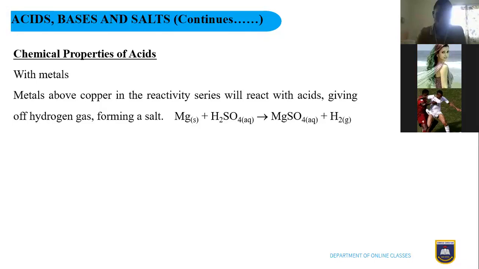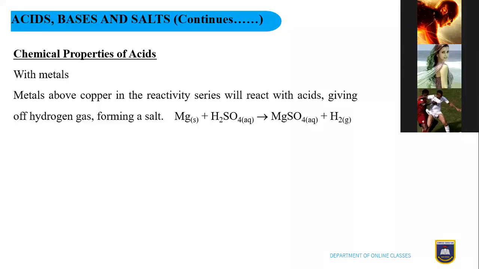You cannot get metals that are above carbon from their ore by reduction with carbon or carbon monoxide. Why? Because they are more reactive than carbon. So you see aluminium is the immediate one above carbon. Aluminium is gotten through electrolysis, not by reduction by carbon.